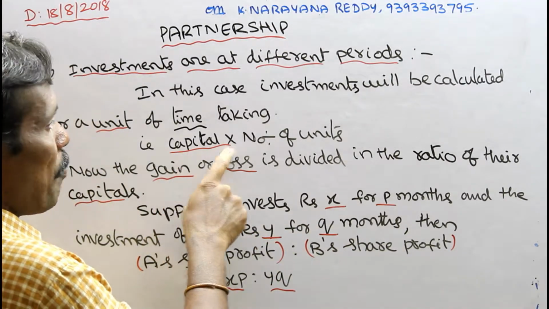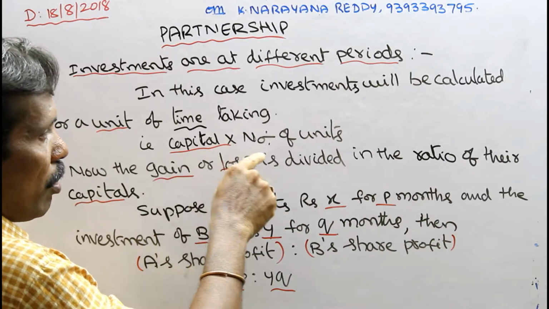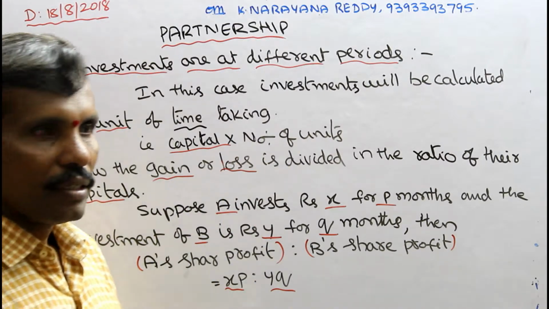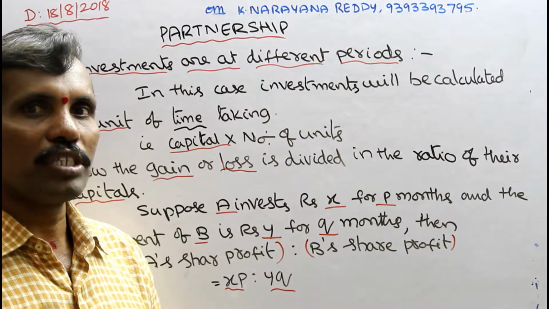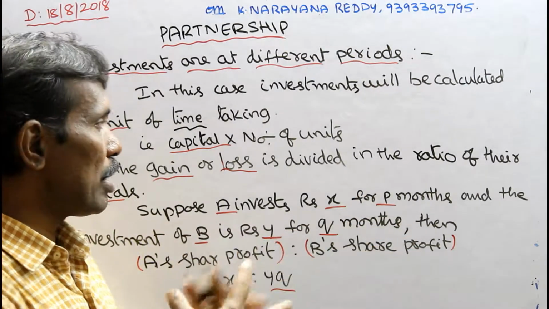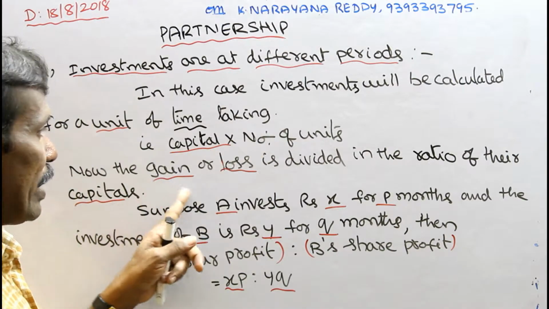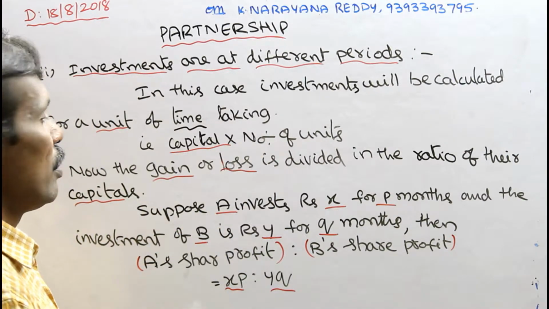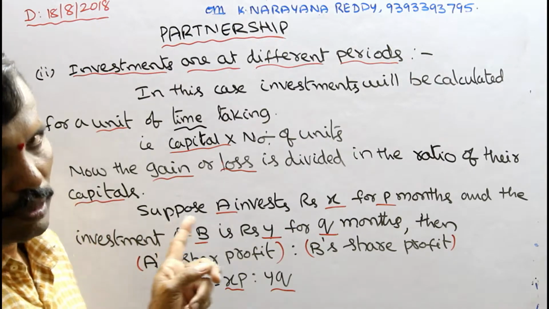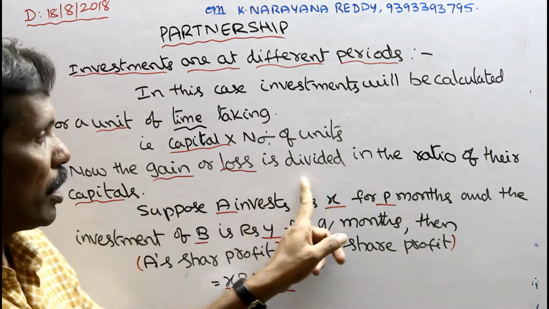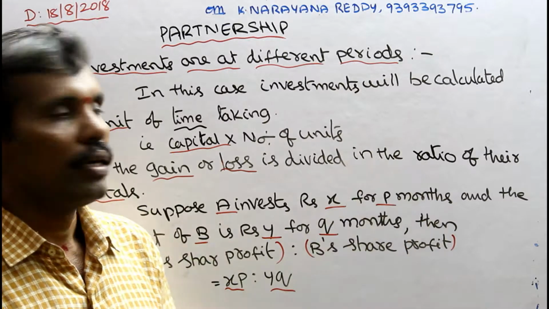So that is capital into number of units. Capital means some 1 lakh, number of units means how many units there are; by multiplying that we get the capital. Now the gain or loss is divided in the ratio of their capitals.